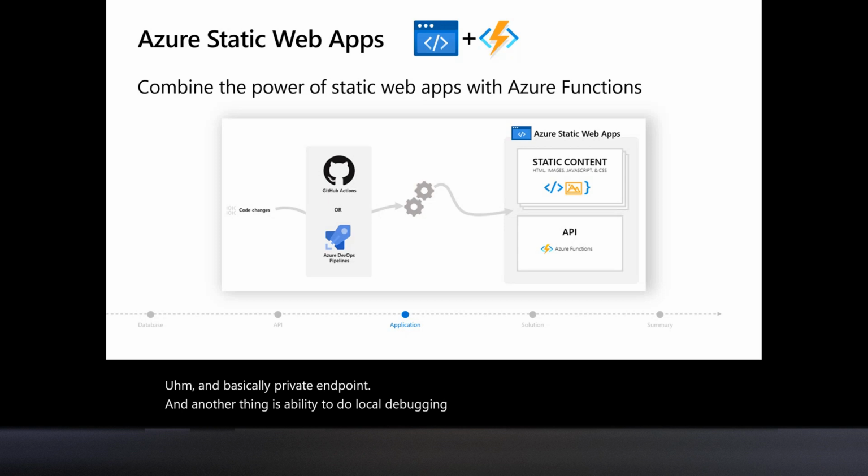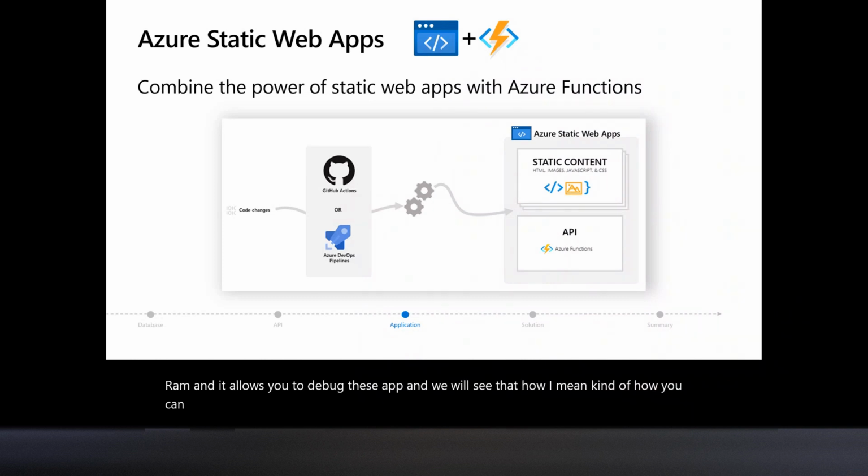There is an SDK available that you can install on prem, and it allows you to debug these apps. And we will see how you can do debugging all the way through. And finally, it supports different authentication mechanisms.